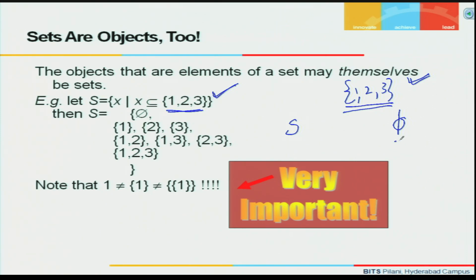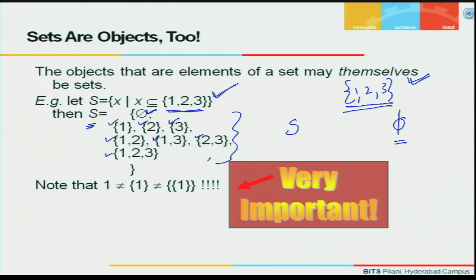So, definitely the empty set is going to be a member of my set S. That is why I have written the empty set over here. The other subsets I can see are the set containing only 1, the set containing only 2, the set containing only 3, the sets {1, 2}, {1, 3}, {2, 3} and {1, 2, 3}. All these are subsets of {1, 2, 3}. Hence, my S is this set.